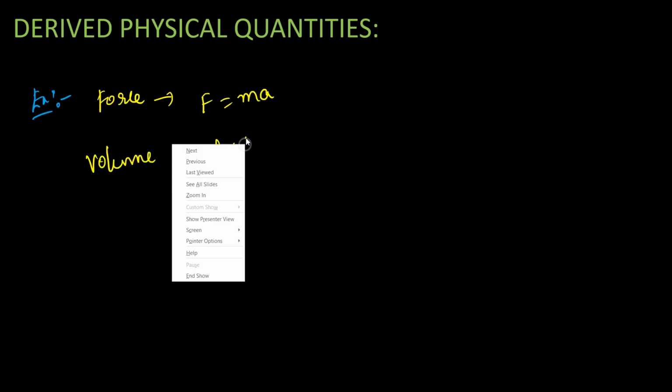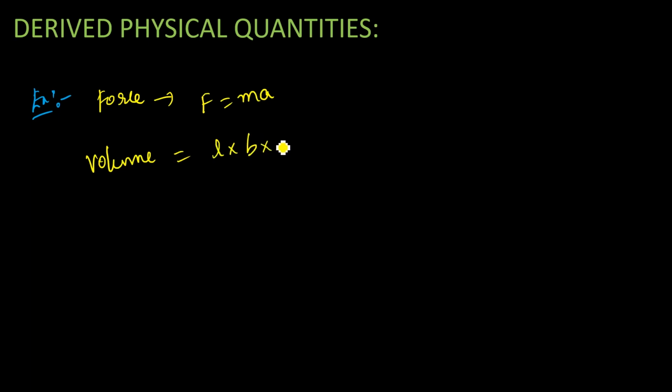And derived physical quantities. What are the derived physical quantities? For example, suppose I'm considering force. Force F equals ma, mass and acceleration. We can take volume, that is nothing but length, breadth and height.